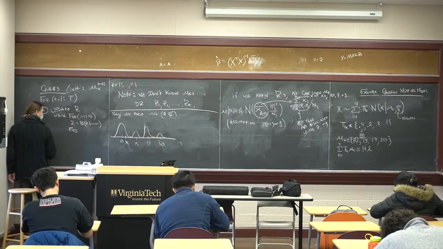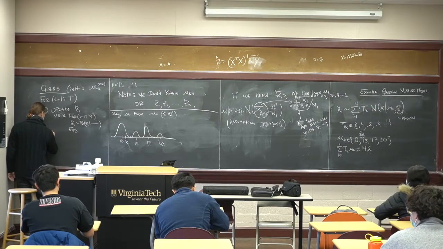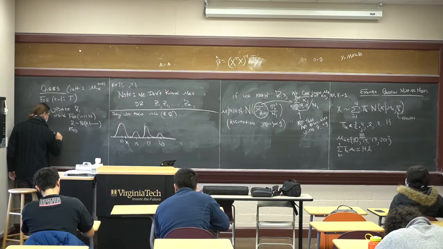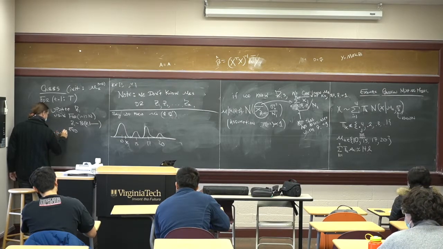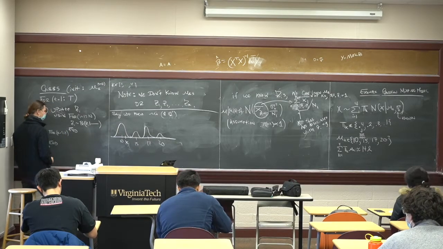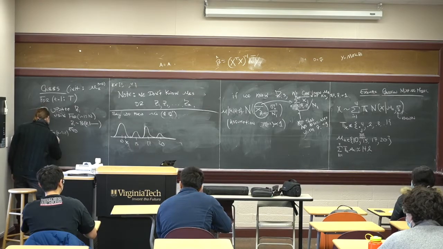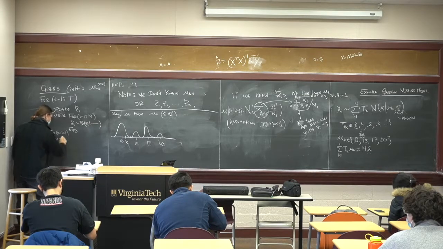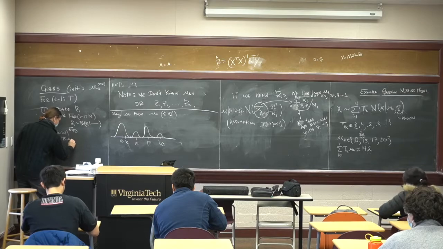And then we're going to update our mu's. So then I'm going to run through k goes from 1 to 4. And this is going to look like mu k is going to come from its posterior distribution.